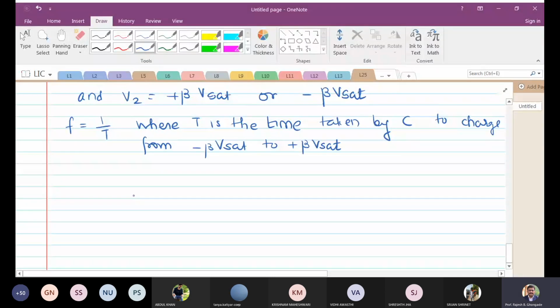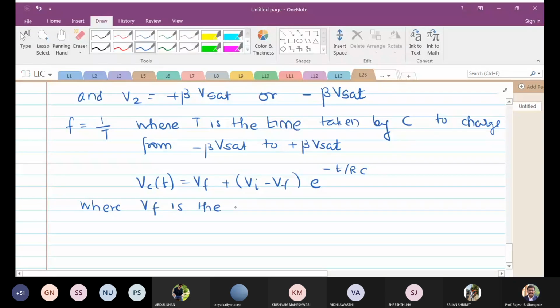So the voltage across capacitor C, which is a function of time, is Vf plus (Vi minus Vf) into e to the power minus T by RC, where Vf is the final voltage across capacitor C, which is equal to plus beta Vsat.